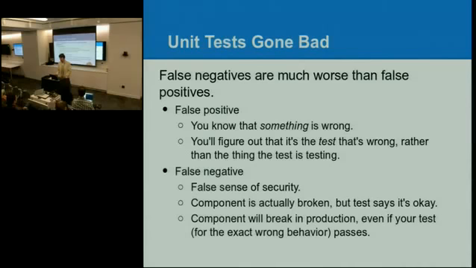With false negatives, you don't know that there's something wrong until your code hits QA or, heaven forbid, production, at which point you see something going wrong there, but you can't account for it because you've already tested for that specific broken piece of functionality in your unit tests, and as far as you can see, there's nothing wrong.